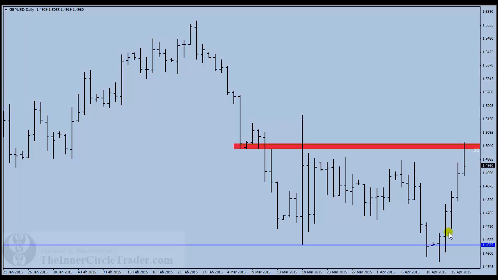So what I did was use his understanding of what he taught, that the open on big ranges was usually at the opposite extreme of the range from the close. In other words, on up days, the open will be at or near the low of the day, and on down days, the open will be at or near the high of the day. And you can see that pretty much is what's happening here.